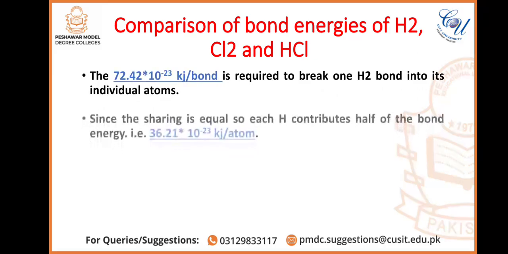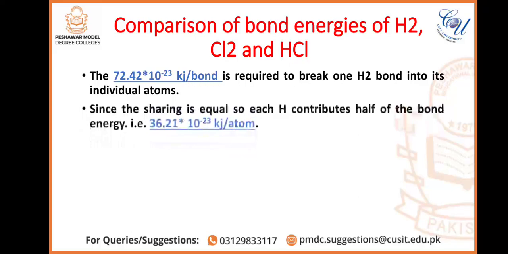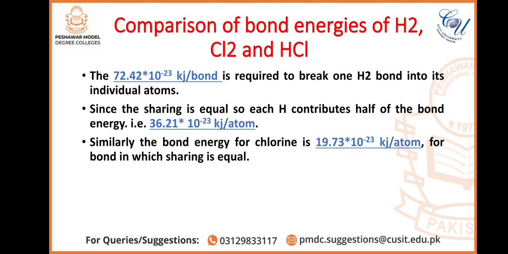It means that bond energy contributed by one hydrogen atom is 36.21 × 10^-23 kilojoule. Likewise, bond energy contributed by each chlorine atom is 19.73 × 10^-23 kilojoule for the chlorine molecule.